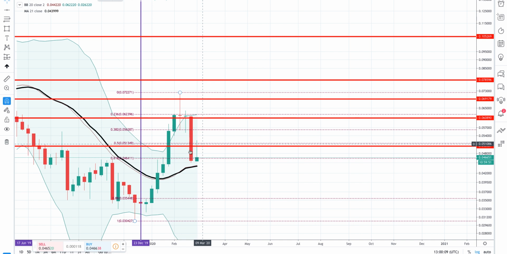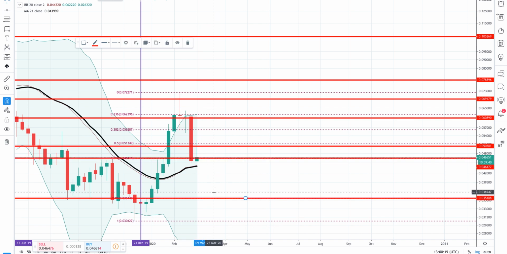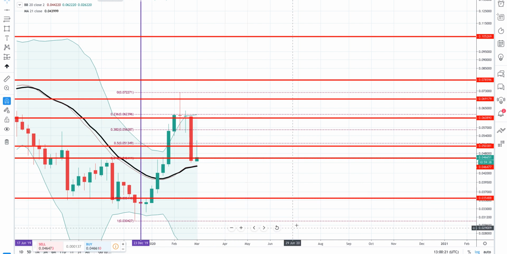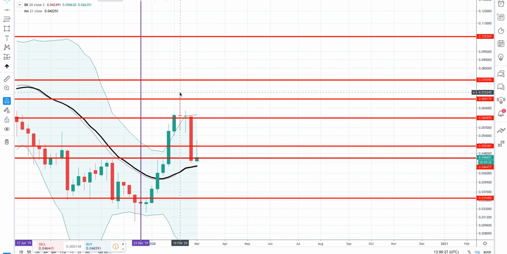Okay, so now we stopped at the 0.61, and you can see that there is nothing else we can care about, at least if we break the 0.61 and the 0.0350. Okay, so deleting the Fibonacci now, and we can deal with this level here and this level here.